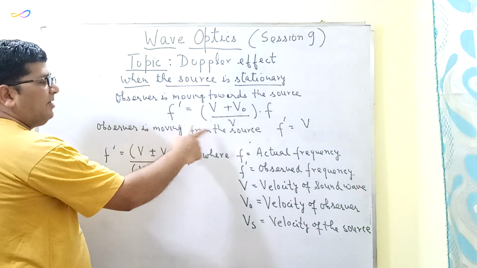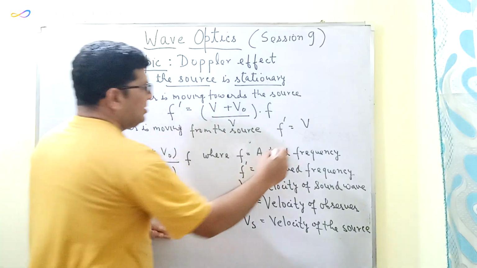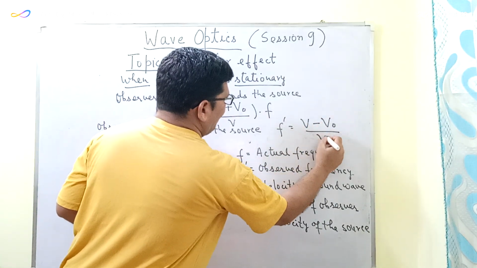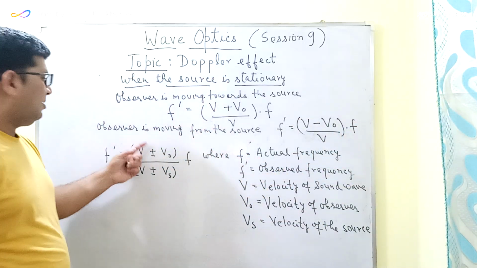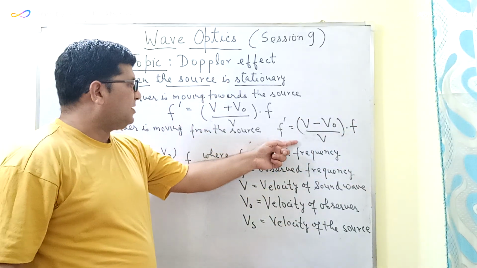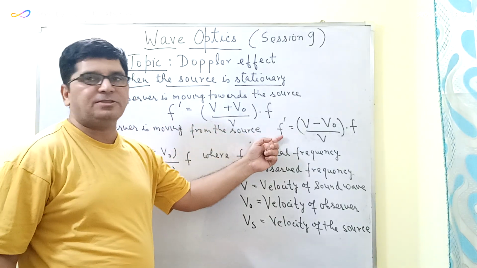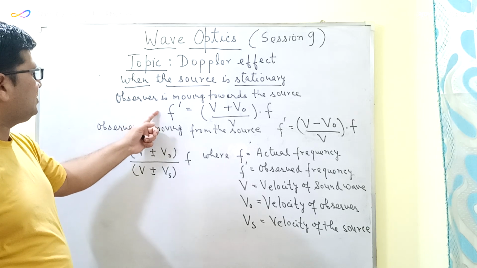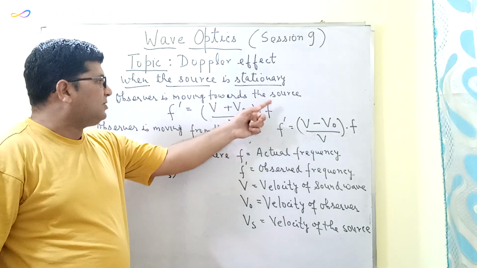Here the observer is moving away from the source, so its velocity will be taken as negative. So this will be equal to (v − v₀) divided by v into f. So this is the observed frequency when the observer is moving away from the source and the source is stationary, and this is the observed frequency when the observer is moving towards the source and the source is stationary.